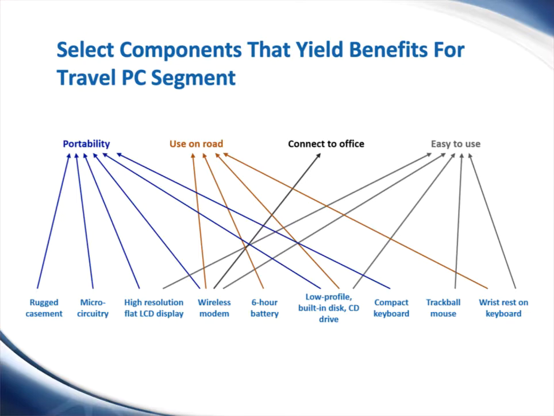So let's start out with what customers want, which is portability, usability on the road, connectivity to the office, and ease of use, comfort, convenience. And when we look at these benefits that customers seek, we then overlay them with the characteristics that we can design.